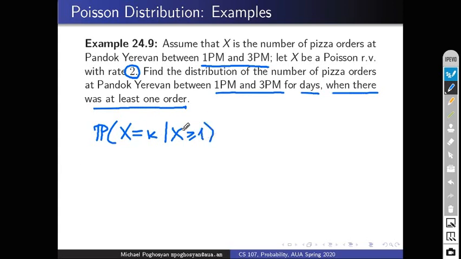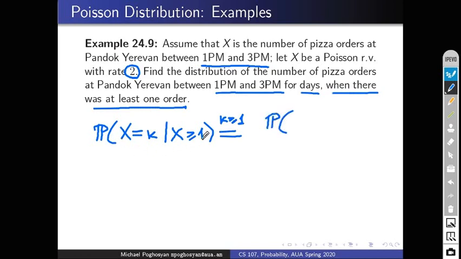So the problem is asking to find these conditional probabilities for any possible K. We remember that, of course, the probability that X is 0 given that X is larger or equal than 1 will be 0. So K is starting from 1. K can be any natural number.